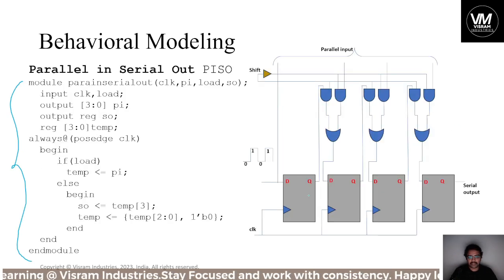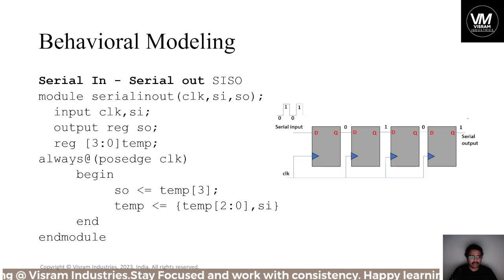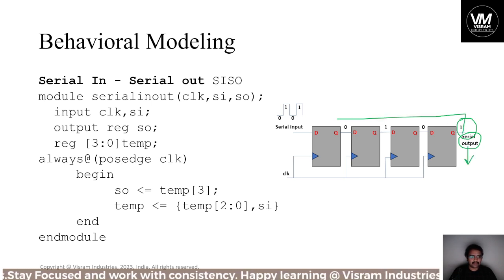In the previous one, whatever output you get is collected at the serial output. So only the data flows here, right? First 1 will be coming, next 0, then 1, and then 0. That is how data is collected here in a sequence.